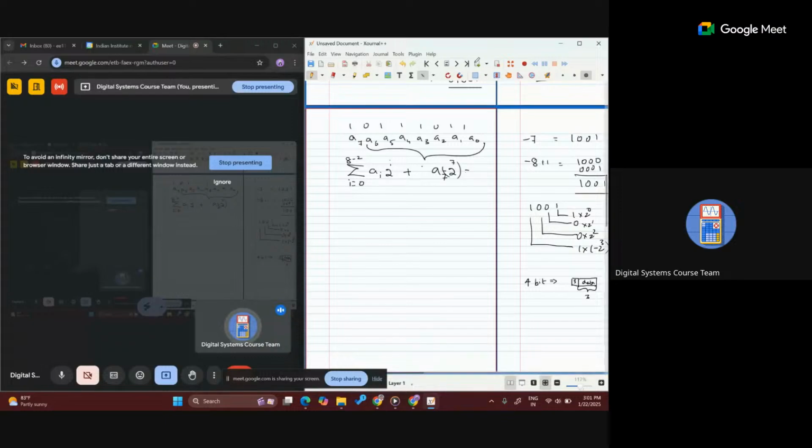If you add this, I'll get the equivalent number in decimal format. Let's try with a 4-bit case. I told you that 1111 is equal to minus 1. Can I choose this number? Or any other number you would like to give, you can give.